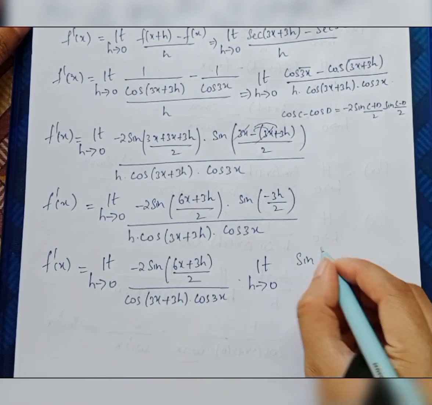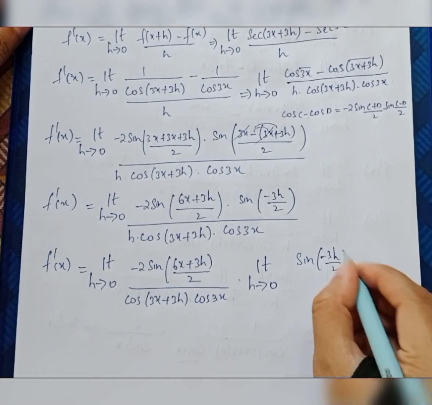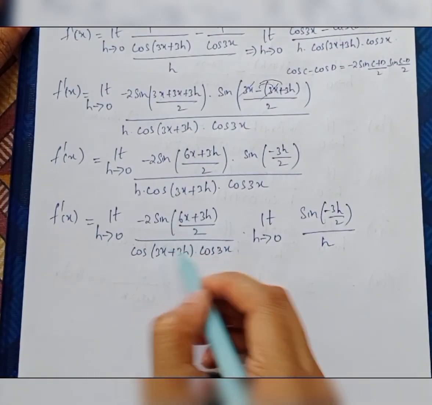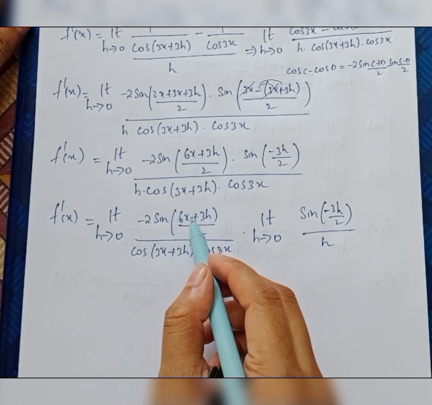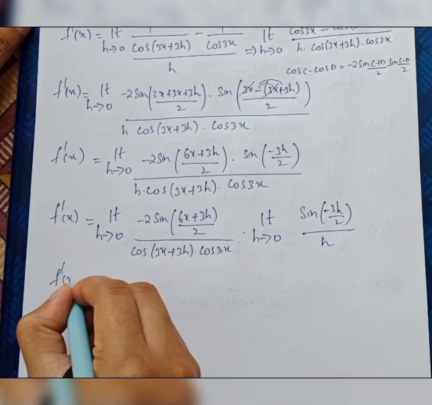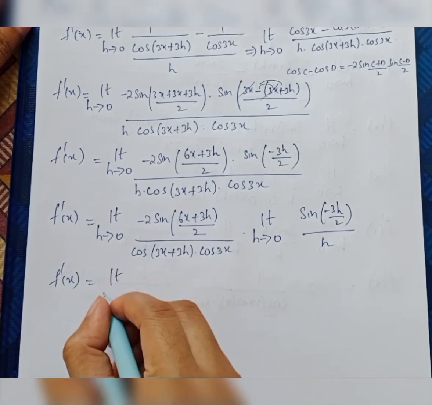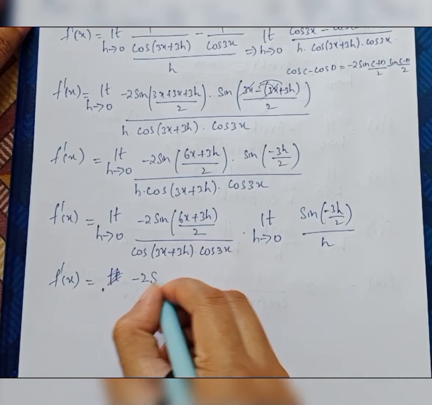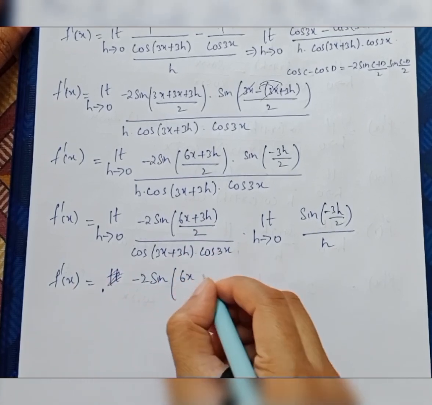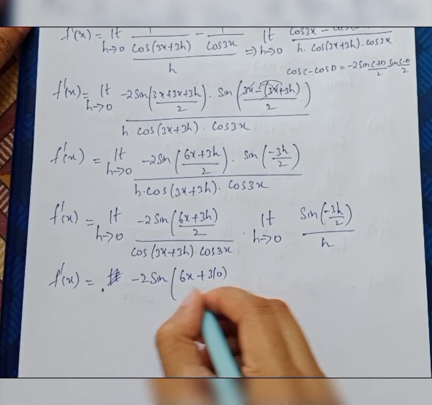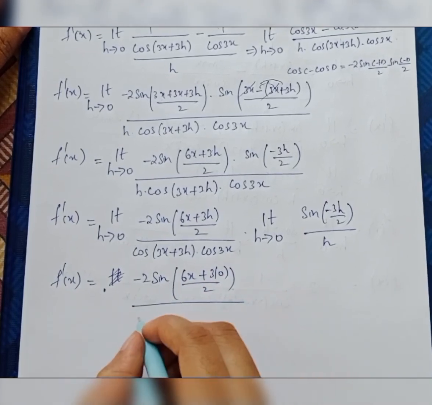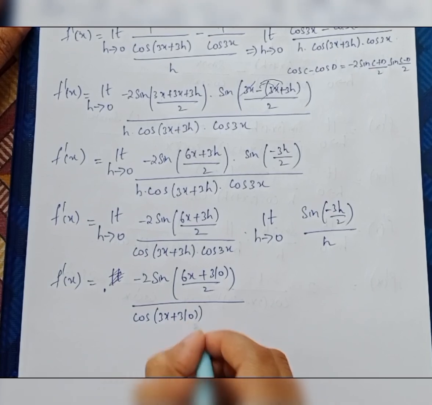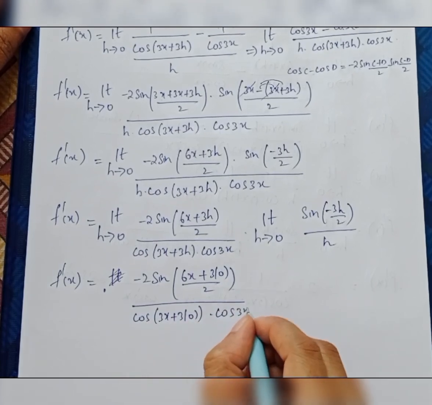So it is sin(-3h/2) by h. Now substituting the value h equal to 0 in this term, so we'll get f'(x) equals, there's no limit now, substituting the value, so -2 sin((6x + 3·0)/2) whole by cos 3x plus 3 into 0 into cos 3x.